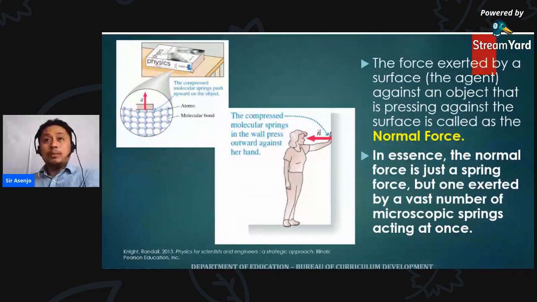The weight of the books pushes the surface of the table downward, but the normal force of the table will push in the opposite direction at the same magnitude going up or upward. Okay, so hopefully you understand.